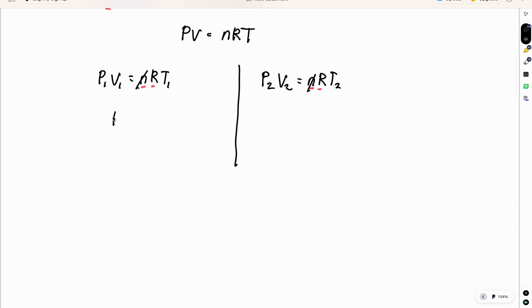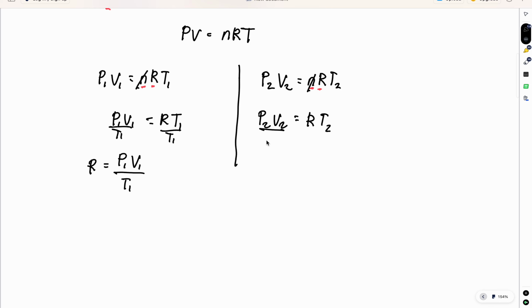So we have P1V1 equals nRT1 and P2V2 equals nRT2. So R here is equal to P1V1 over T1. We divide both sides by T1, and here we divide both sides by T2.